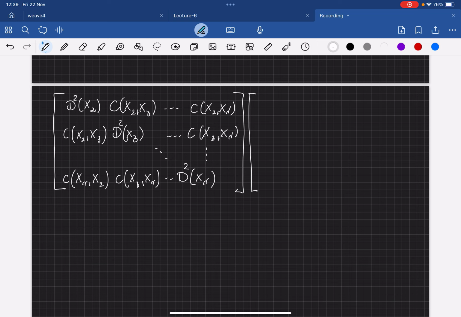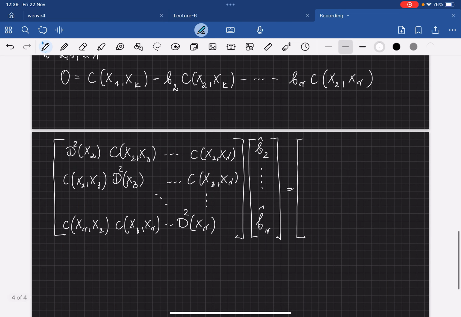This matrix multiplies our unknown quantities from b2 up to br, and on the right hand side I get the free components. The free components were these.